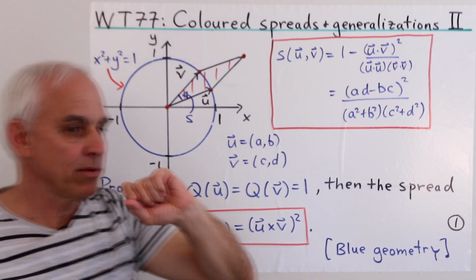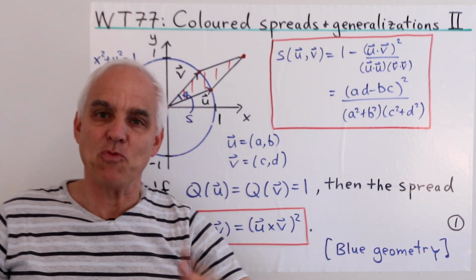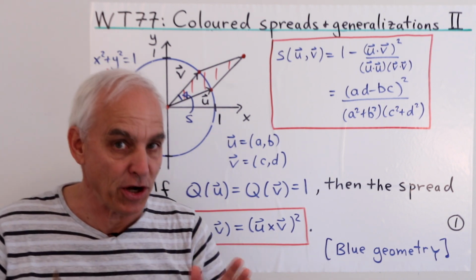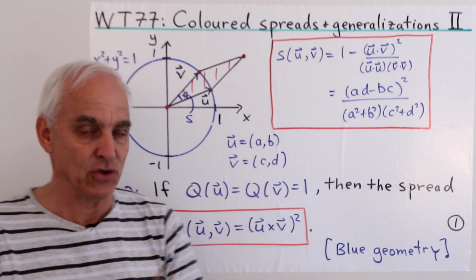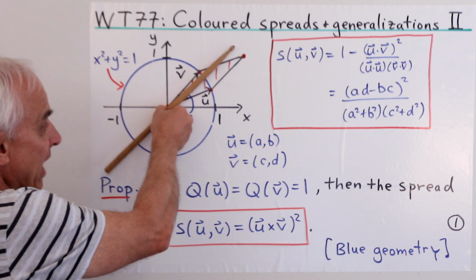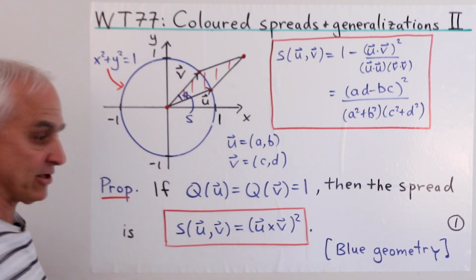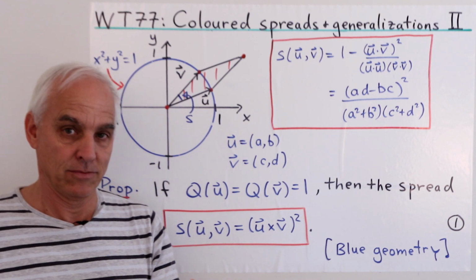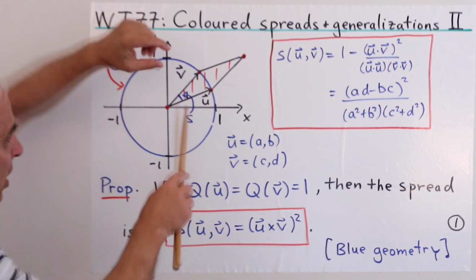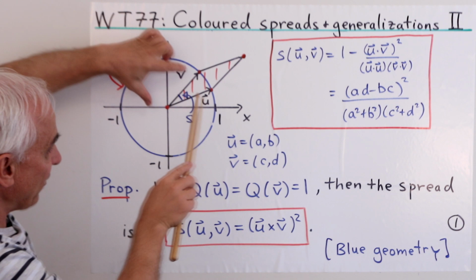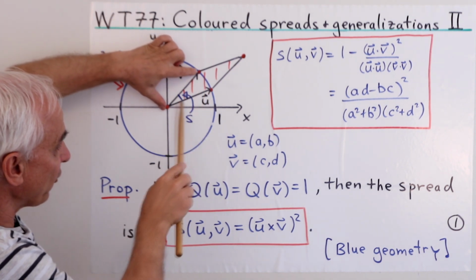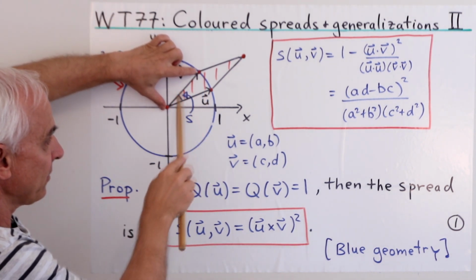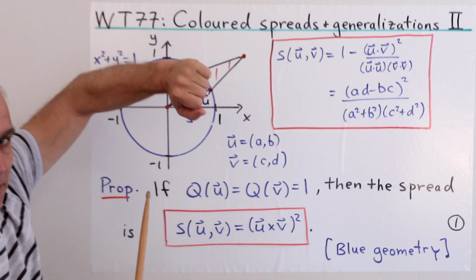I want to contrast that with the much more familiar notion of measuring the separation of two lines. If you have two lines like this and you ask a student, how do we measure the separation? They'll say, well, it's an angle. And what is the angle? Well, in this context here, the angle is exactly the area of this circular arc formed by the vectors u and v.